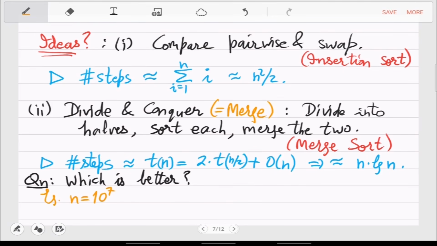It may easily be present in a practical problem. How many roads or how many cities or how many citizens, 10 raised to 7 is always something that you will get in practice. And if you have to sort that data, then the first algorithm will require time.